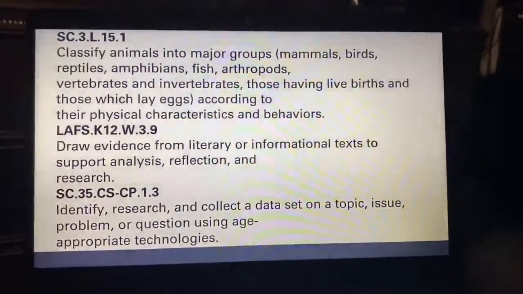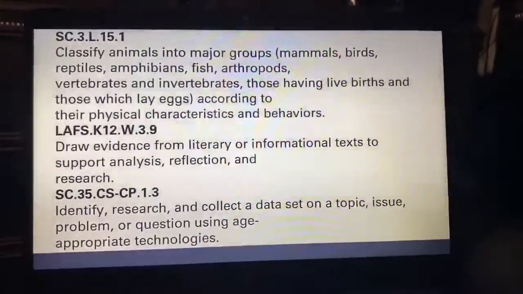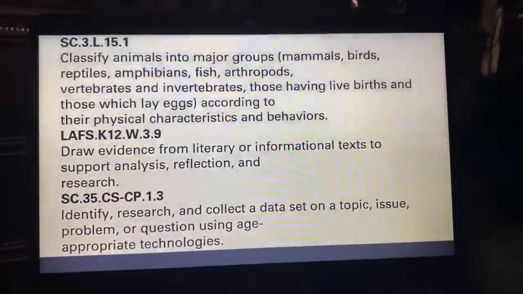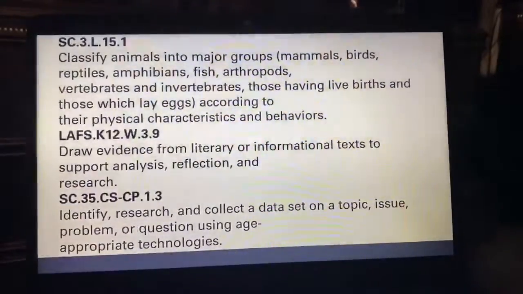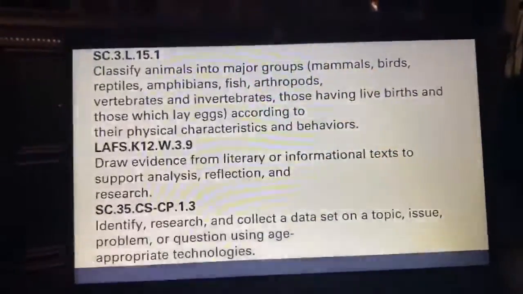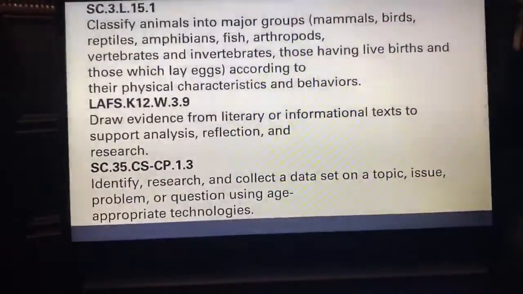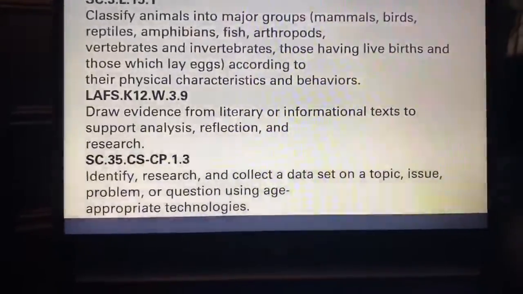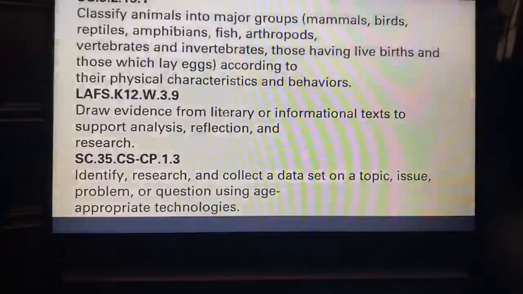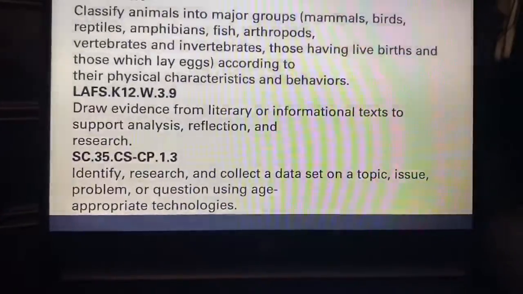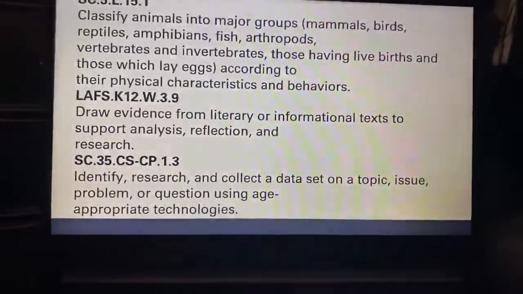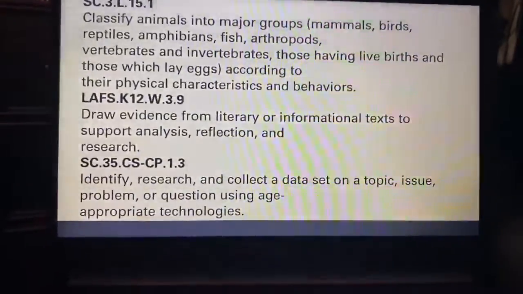Second standard, you're going to draw evidence from the literacy, meaning what evidence we have to use to say, okay, this animal goes here. The third standard, you're going to identify, research, and collect data on a topic, issue, or problem, using age-appropriate technologies. So we're going to look for information that we can use to put into our expository paper.